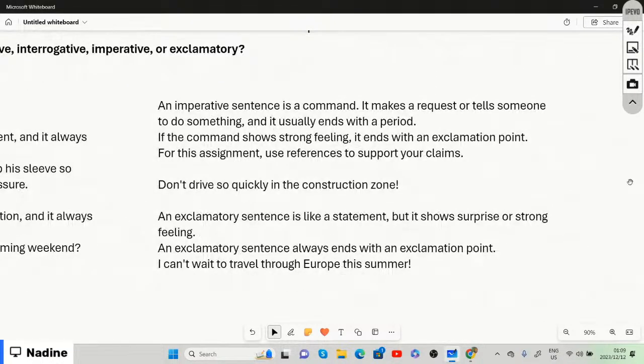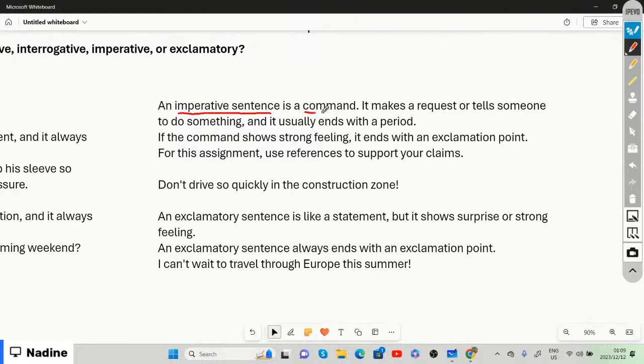All right, then we have an imperative sentence. An imperative sentence is a command. It makes a request, or it even tells someone to do something.